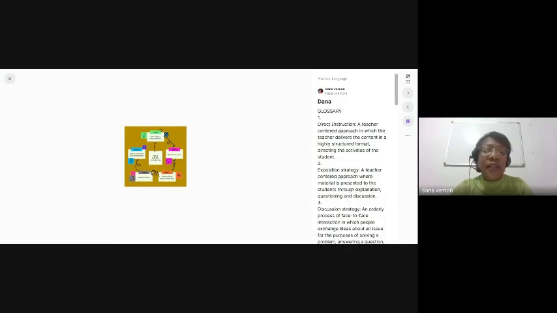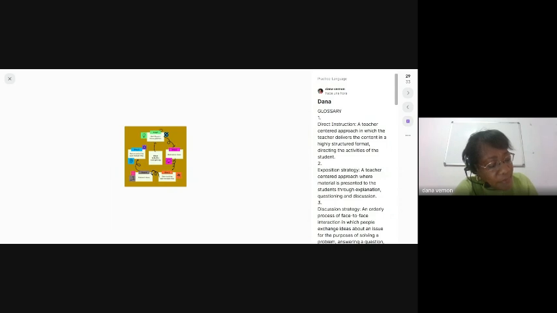Okay, teacher. And the next task, okay, with these words, we have to do a conceptual map. You can use the application for doing it. It's only 9 words, okay?